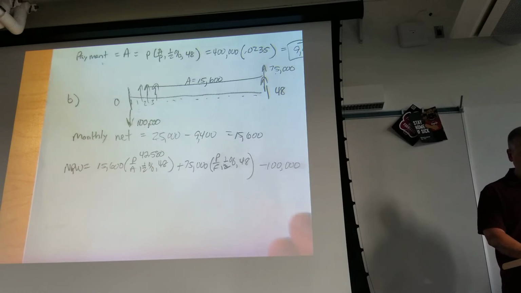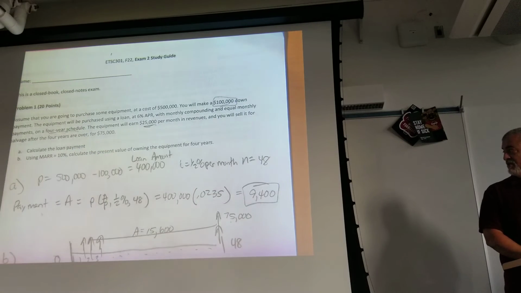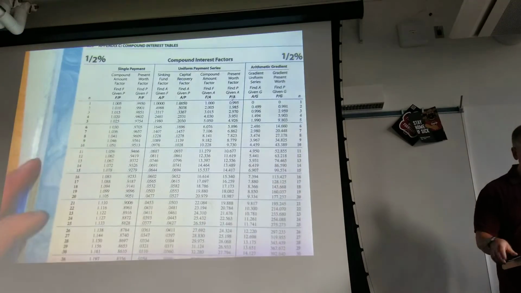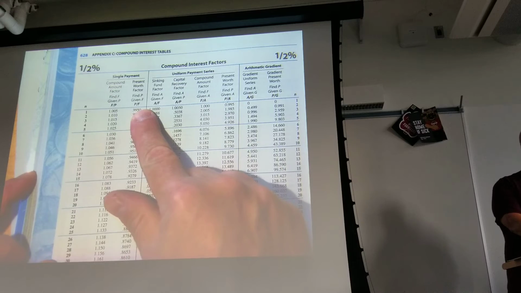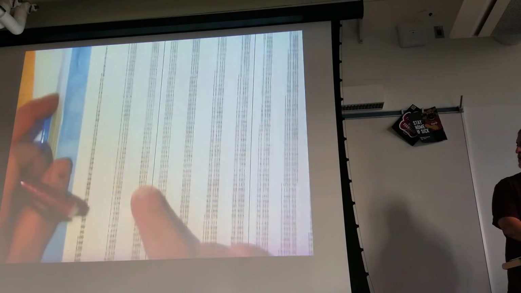Okay, but you have the table, you can just look it up again, or if you realize that they're inverses, you can just invert it. P over F, 0.5%, 48, 7871.